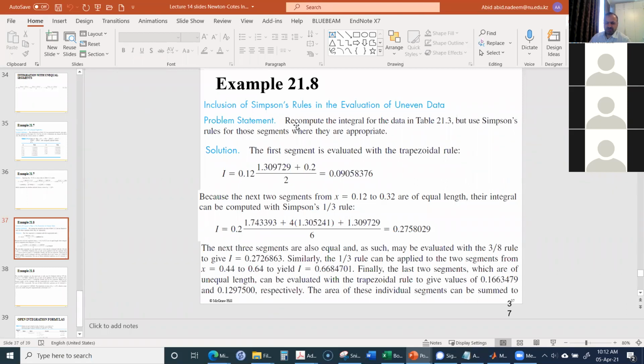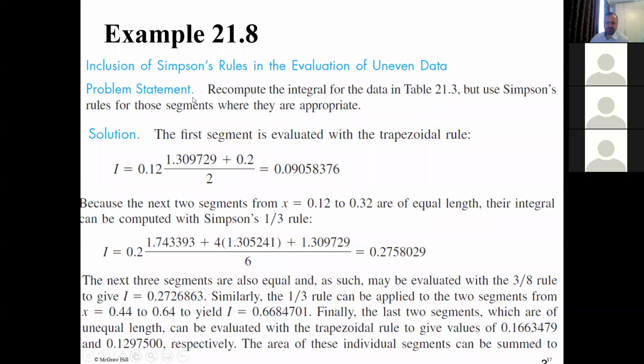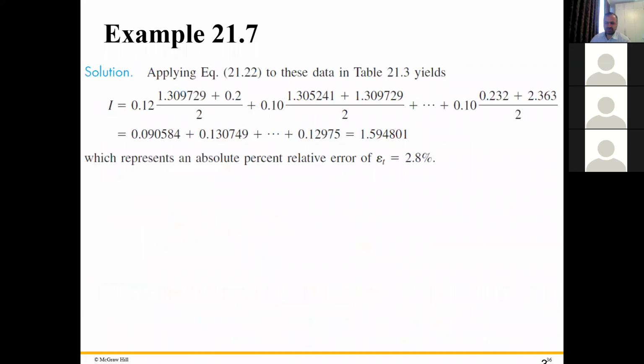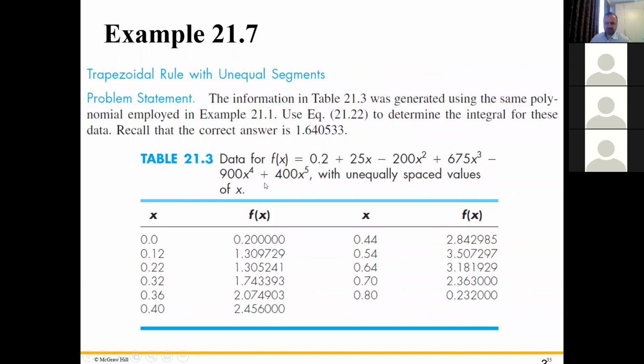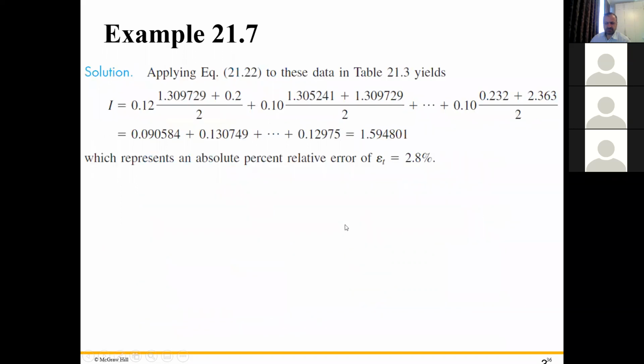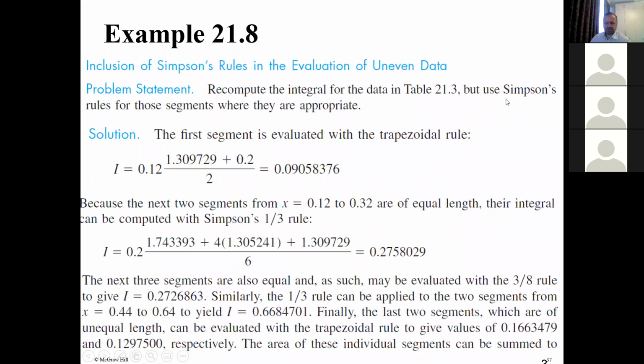So for example, in this case, example 21.8, what we can see is: recompute the integral for the data in table 21.3, that is this table. Okay, recompute the data again, but use Simpson's rules for those segments where they are appropriate.